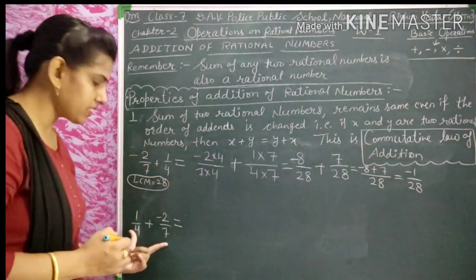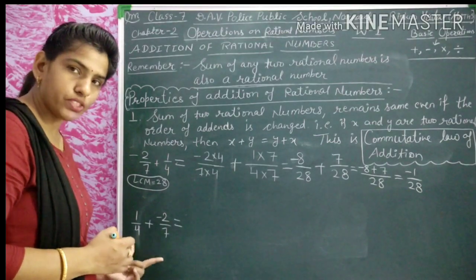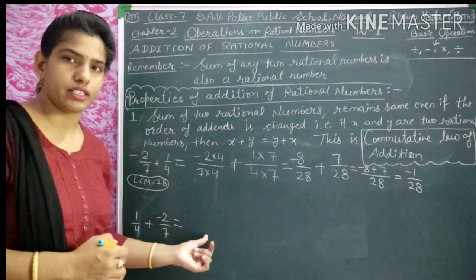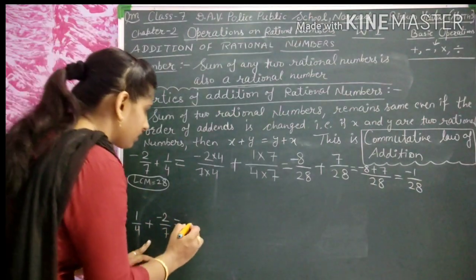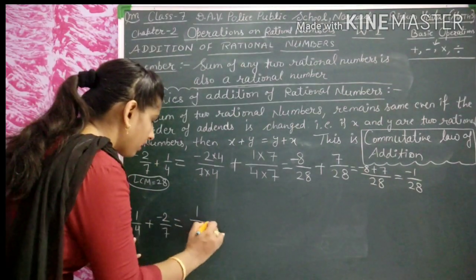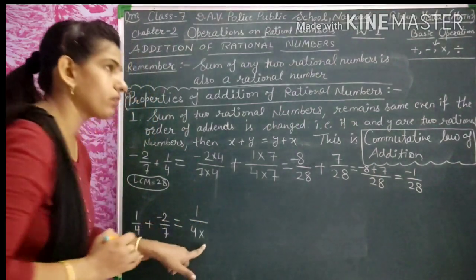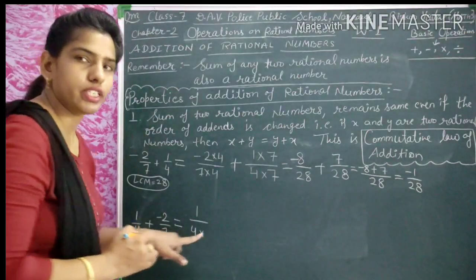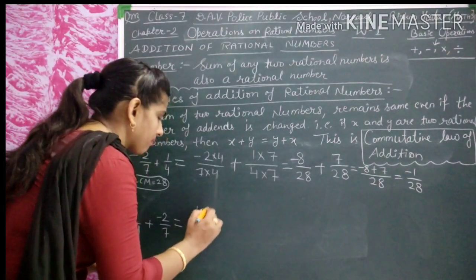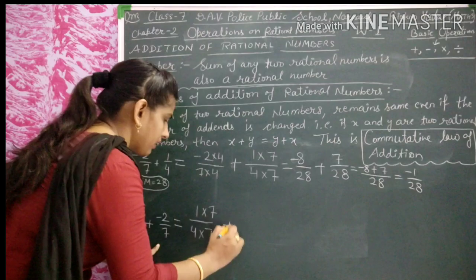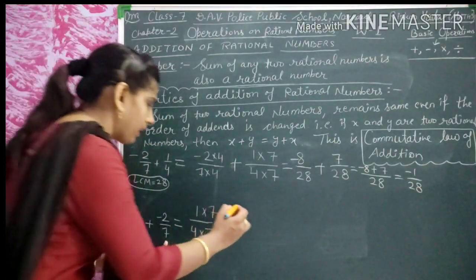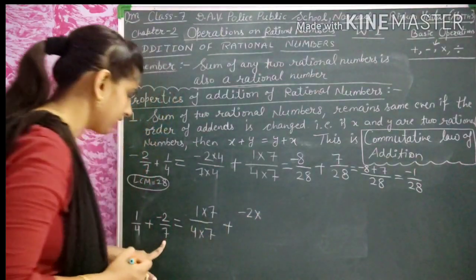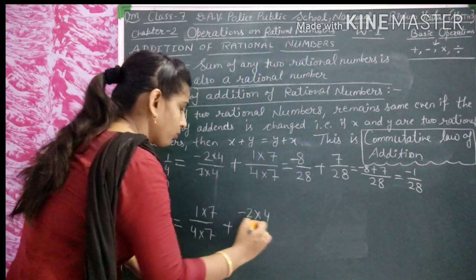Now let's start here. Same. We change the order of addends only. We change the order of addends. Say, what will we get here? Yes, students. Same process. 1 by 4. What number will we multiply here to 4 so that it becomes 28? That is 7. And plus, the same number we multiply here, minus 2, and this is multiplied by 7 fours.